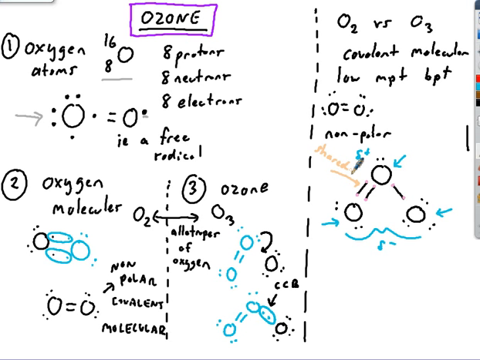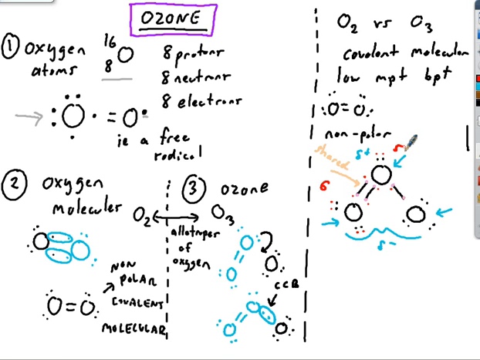So if we add up all the electrons around each oxygen, we can start to see there's an imbalance of electrons. If we add up the electrons around this first oxygen, we have 1, 2, 3, 4, 5, 6. 6 electrons around that most of the time. Around this oxygen here, we have 1, 2, 3, 4, 5. 5 electrons around that oxygen most of the time.